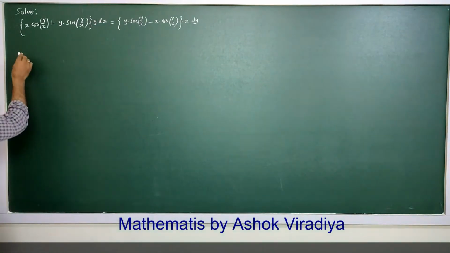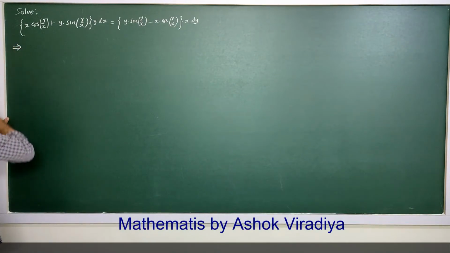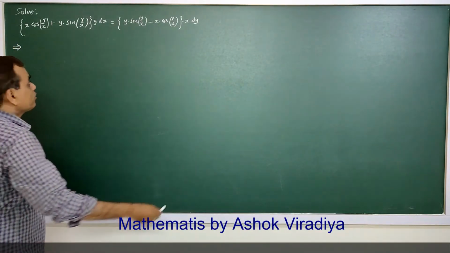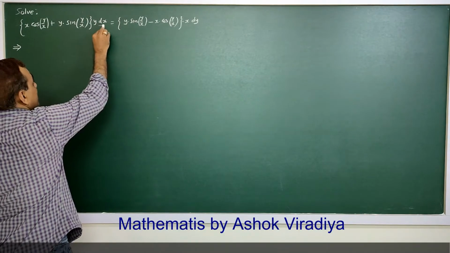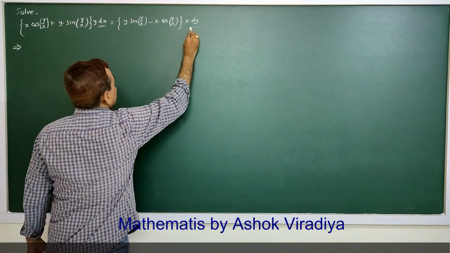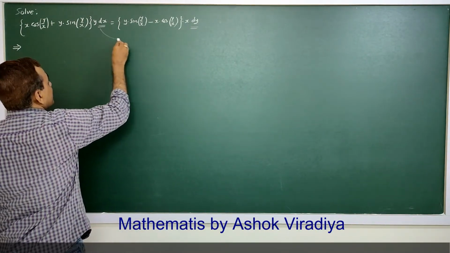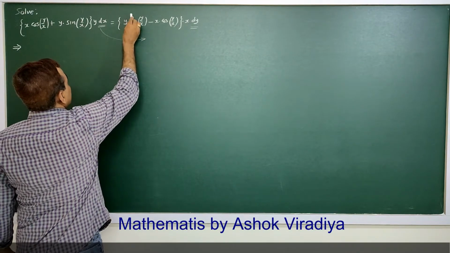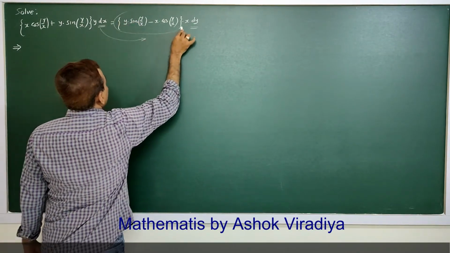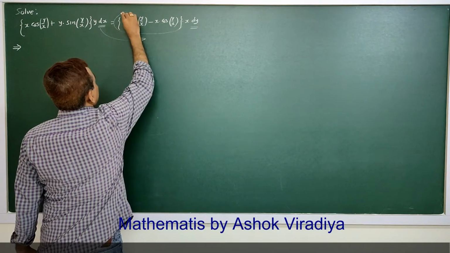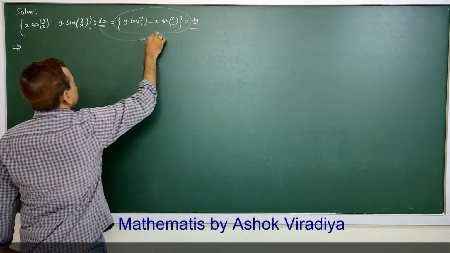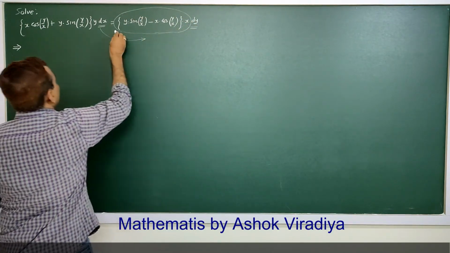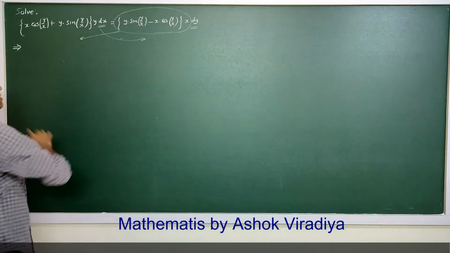For that, continuing the procedure, say this is dx, this is dy. So on the dy side I take dx, and this part I am taking on this side.